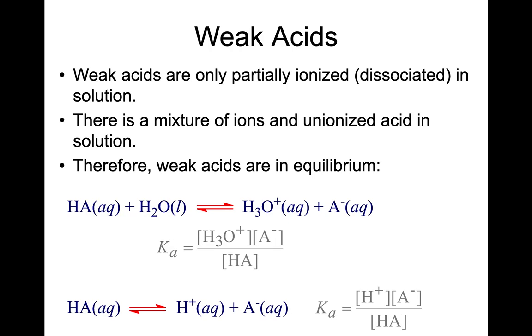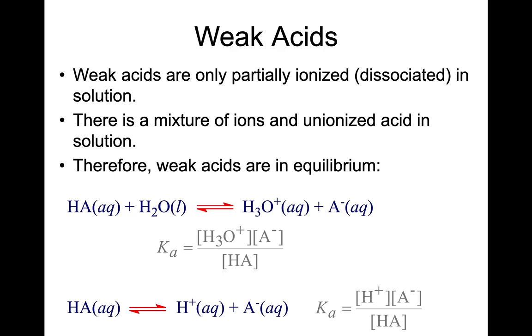Now, if we can have strong acids, that means necessarily there must be weak acids out there. So weak acids are only partially ionized, only partially dissociated in solution. It means that when we add them to water, some of them break apart, some of them dissociate, but some of them stay bonded together.